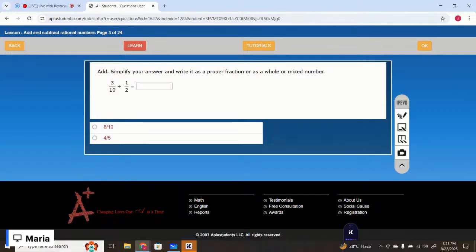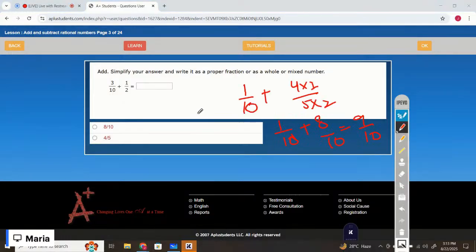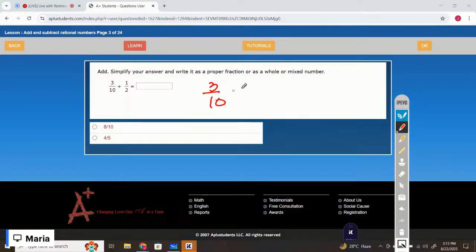Add 3 by 10 plus 1 by 2. First thing we need to do is make the fractions the same. 3 over 10 plus 5 over 10, that equals 8 over 10. The correct option is 8 over 10.